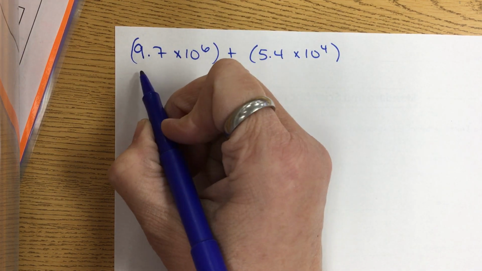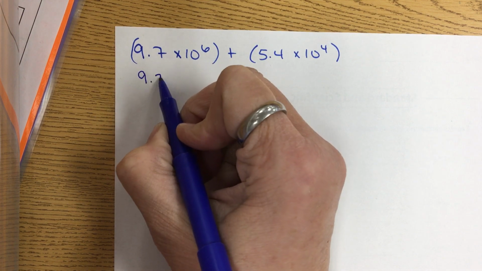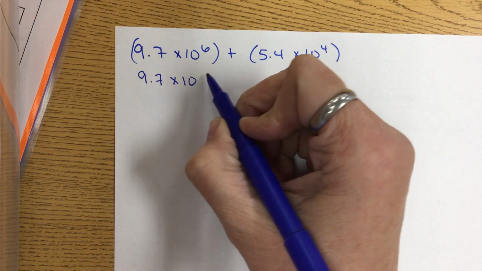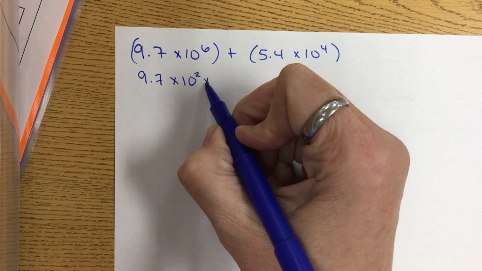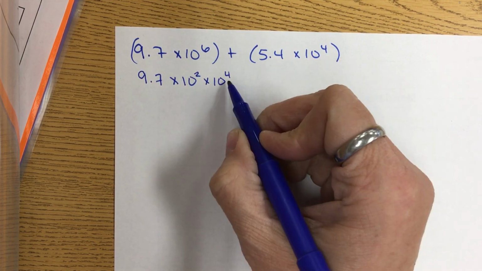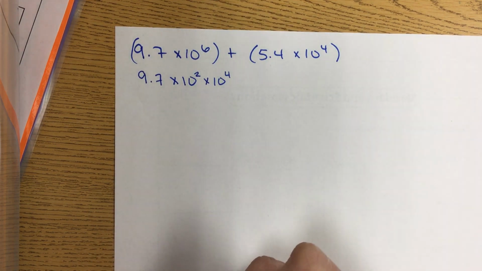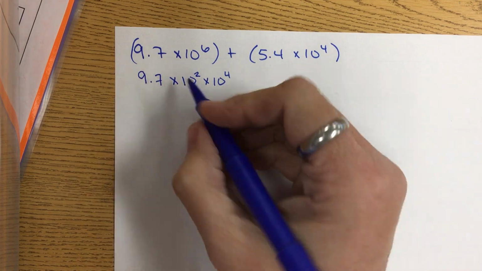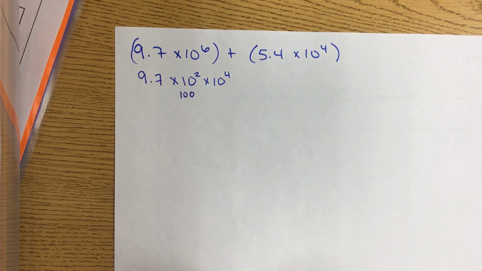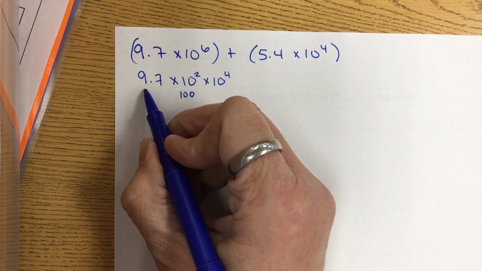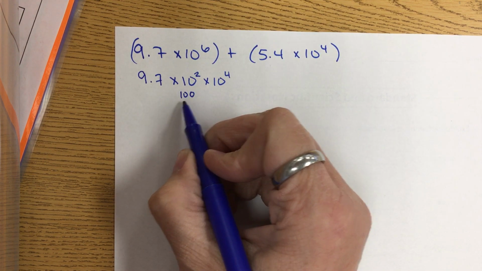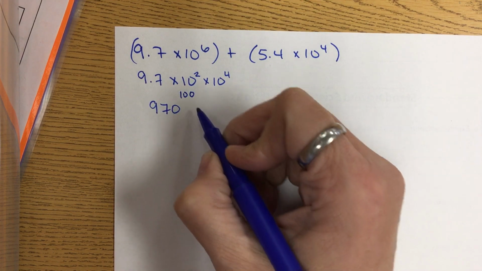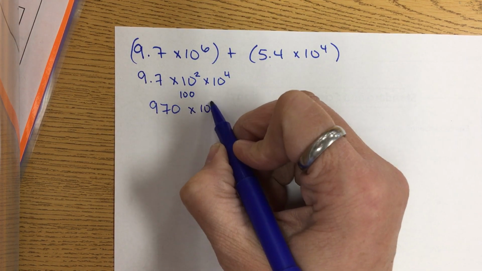This is the same thing as saying 9.7 times 10 to the second power times 10 to the fourth. Do you notice how this one and this one are exactly the same now? Hopefully you remember 10 to the second power is 100. So if I take 9.7 and I multiply it by 100, I get 970 times 10 to the fourth power.